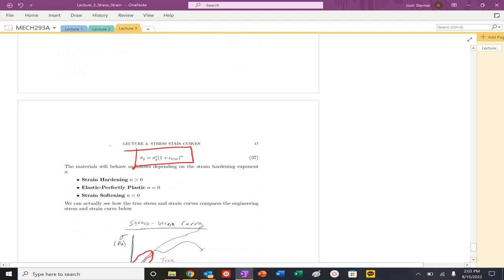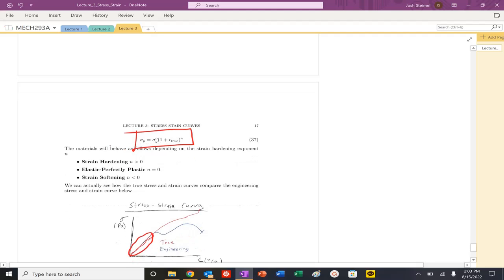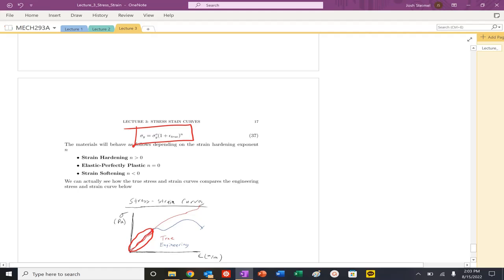When I'm describing my yield strength, we're exactly the same up to here, and then once I yield, I can describe what my yield stress may be as a function of this true strain. It depends on whether the material strain hardens, is perfectly plastic, or strain softens.